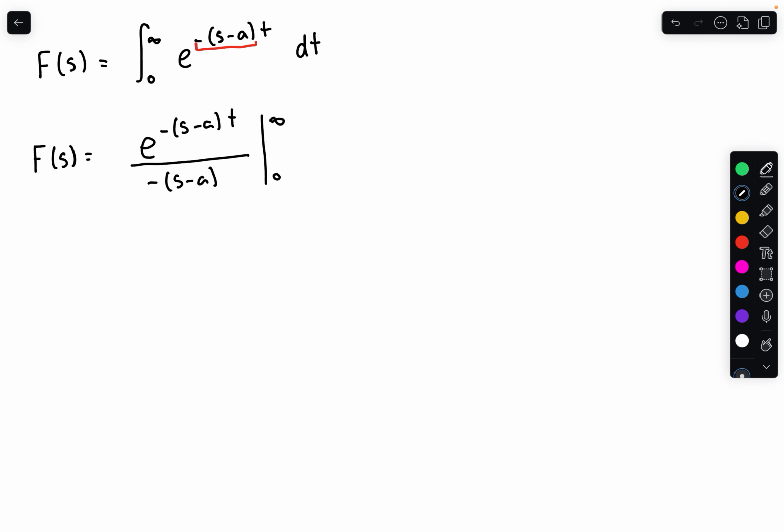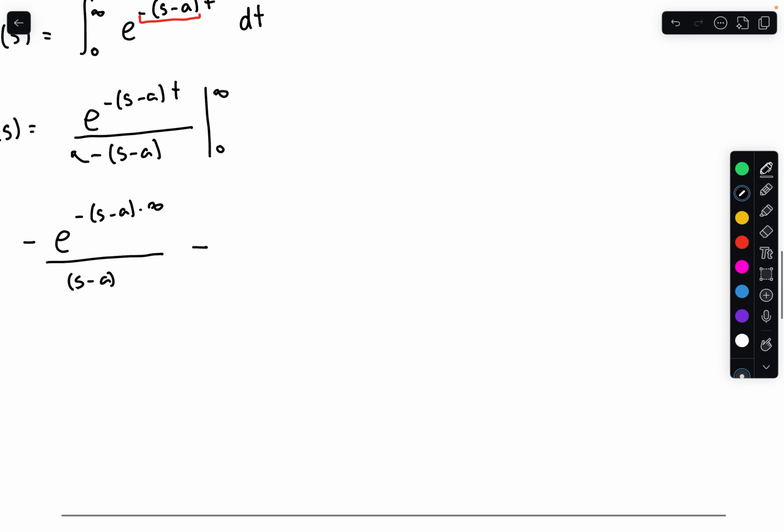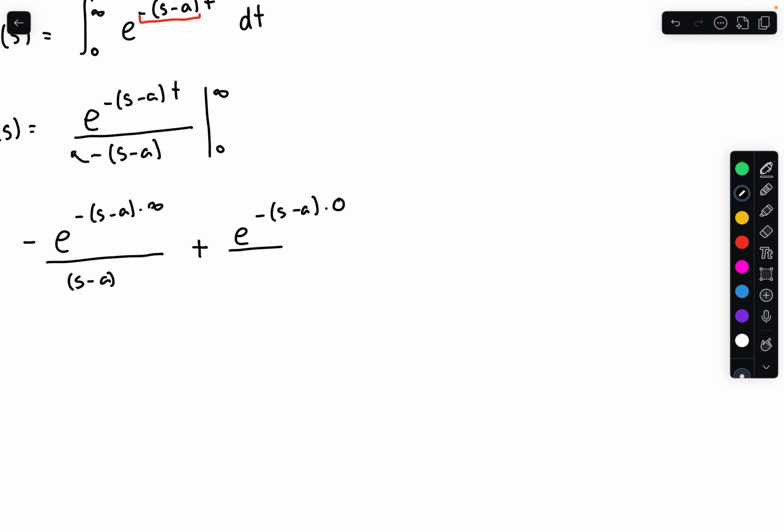When we go to evaluate this, what we get, moving this negative up top, is negative e to the negative s minus a times infinity divided by s minus a, minus, but this negative is on the bottom, so it's really plus because we have minus minus, e to the negative s minus a times t, where t is 0, divided by s minus a.